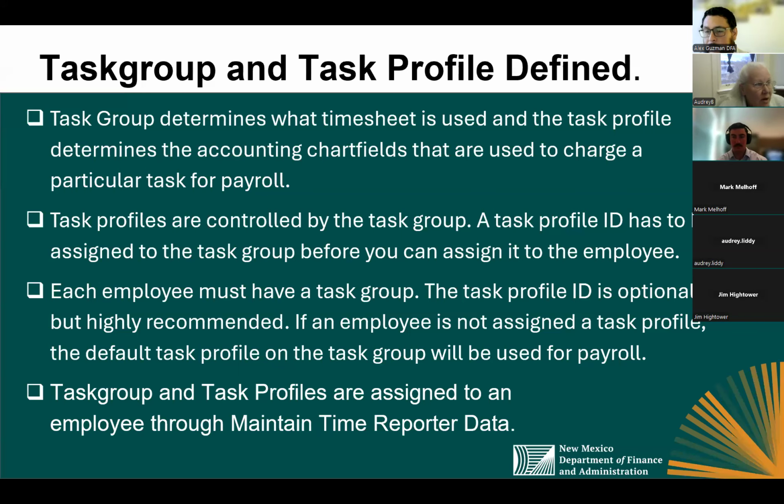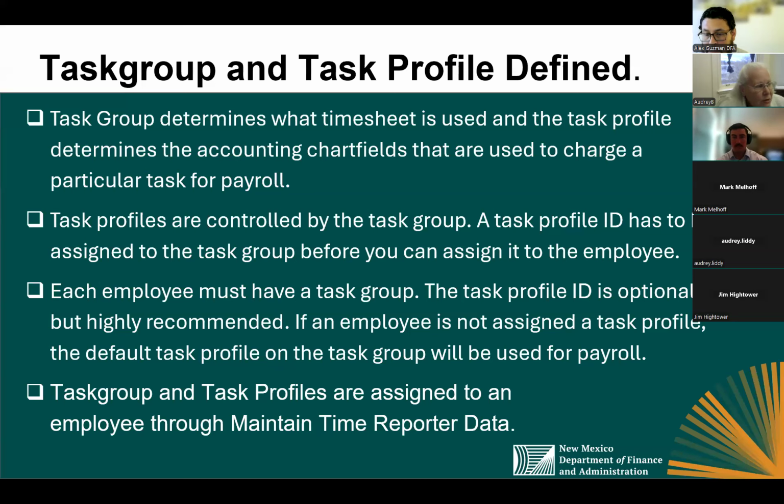So if I have someone who is 100% Gen Fund, that may be one task profile. If I have a federal grant and a person who's working half of the time under state tasks and half the time under this federal task, then they would have a 50-50 task profile, with one combo code being charged to state general fund and one combo code that charges a percentage of their time to the federal funding.